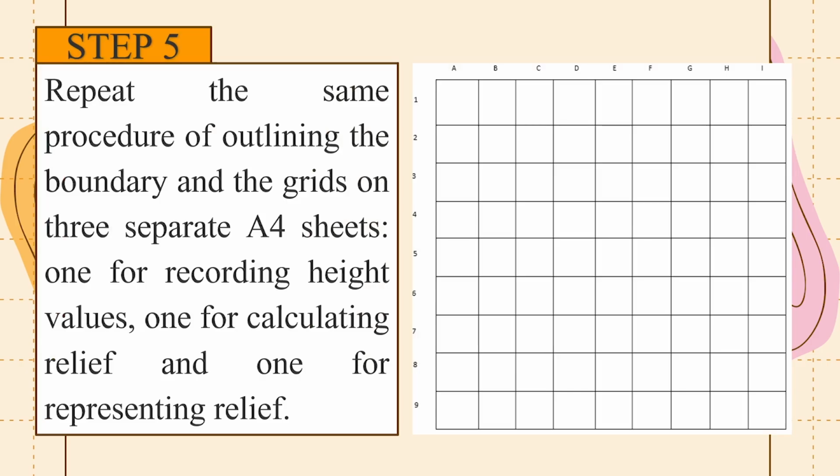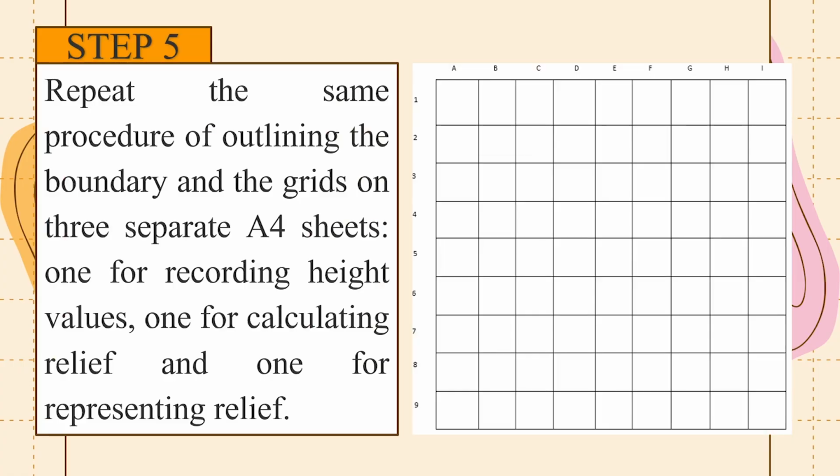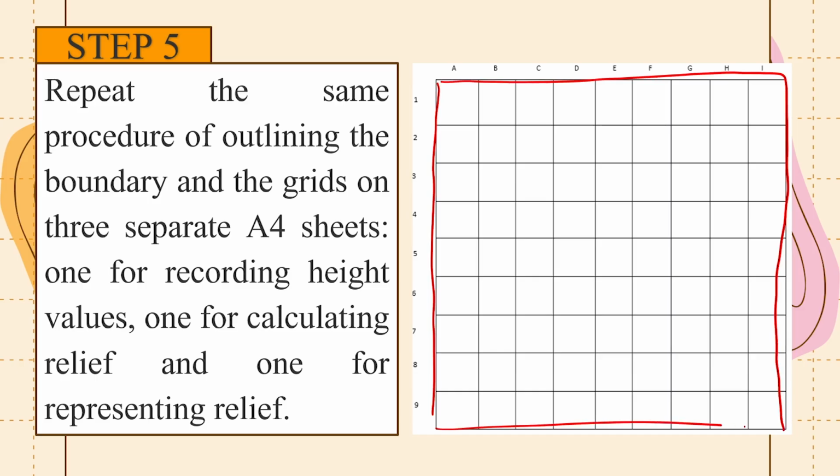Now, moving on to step 5. I hope you remember all the process till now that you have done with the tracing sheet. The same thing, transferring the boundary of the quadrant that you have selected and dividing it into the number of grids, you are going to do 3 more times. Why are we doing that?